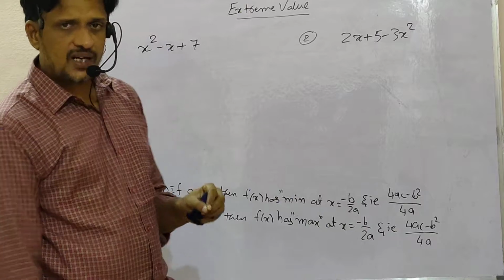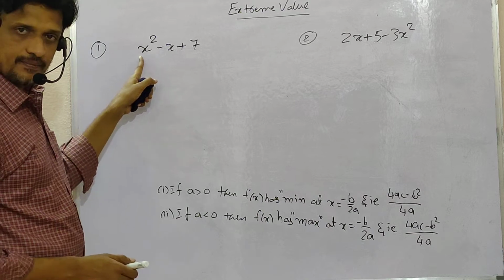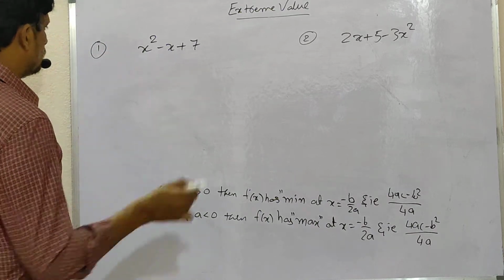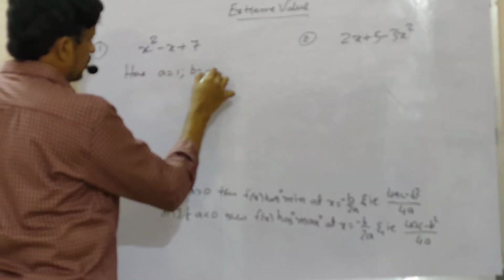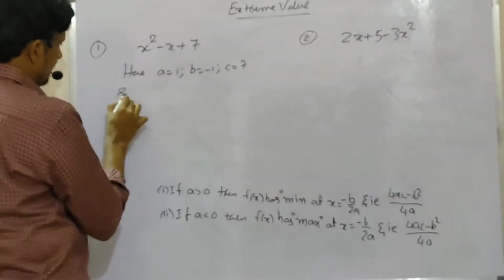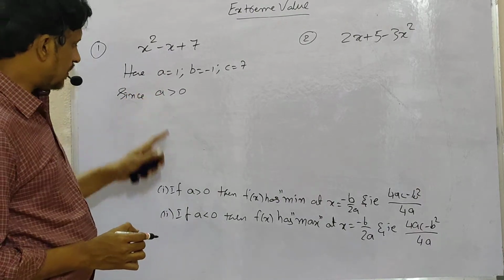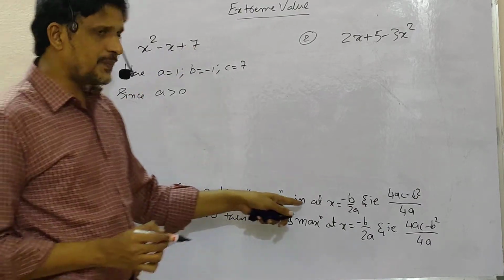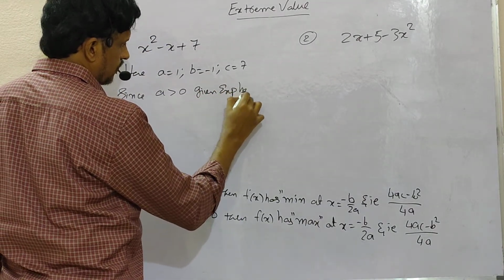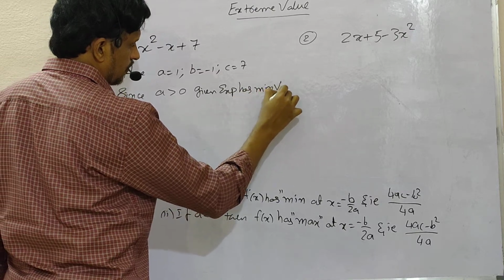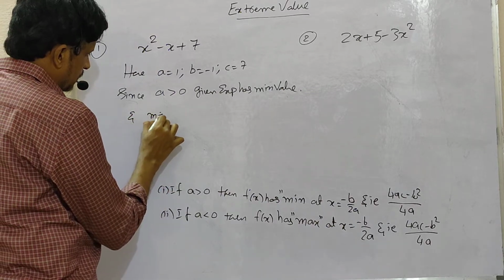Compare this with the standard form ax square plus bx plus c, where a is equal to 1, which is positive. So a is 1, b is -1, c is 7. Since a is greater than 0, the given expression has a minimum value.